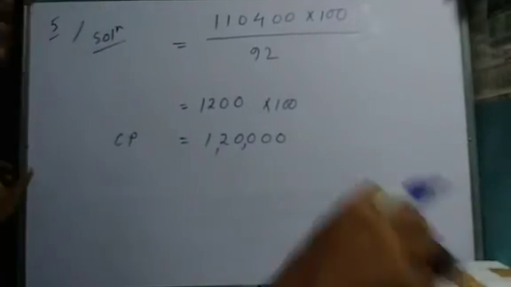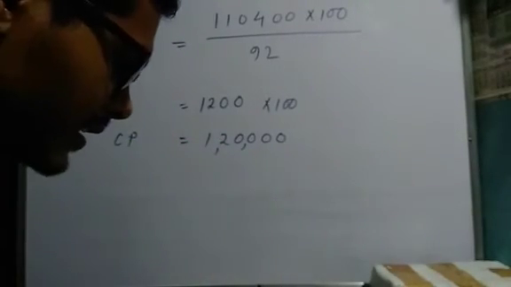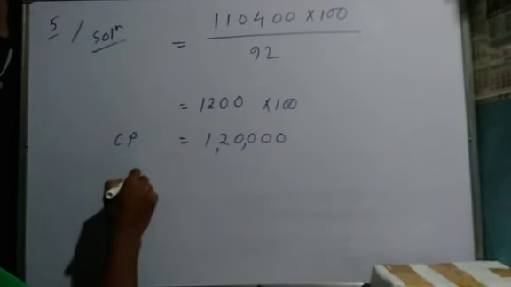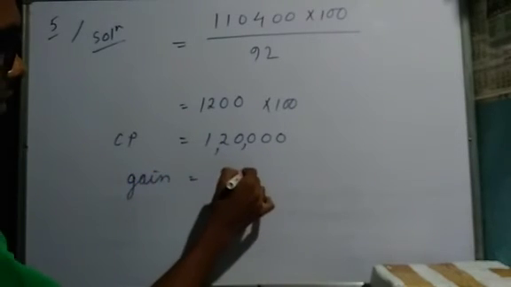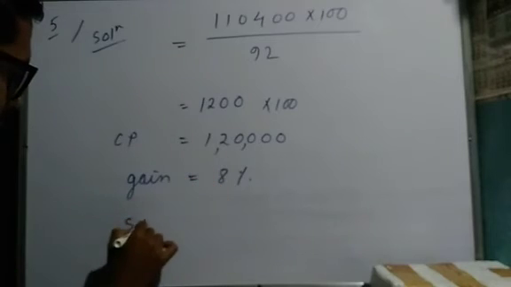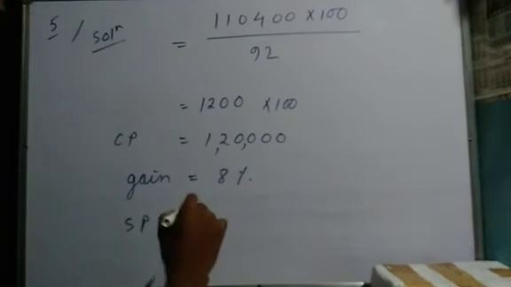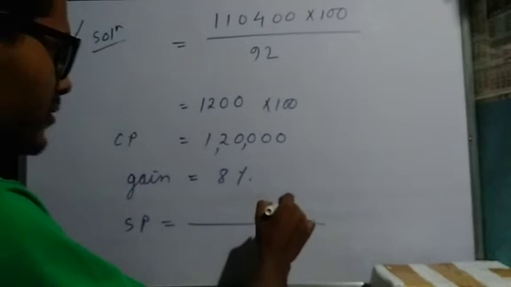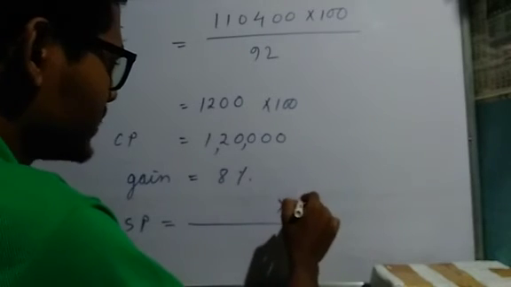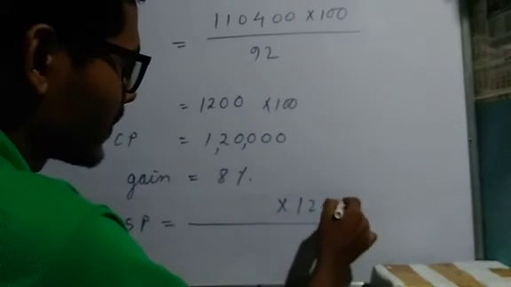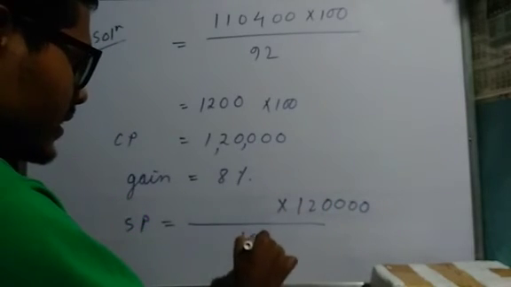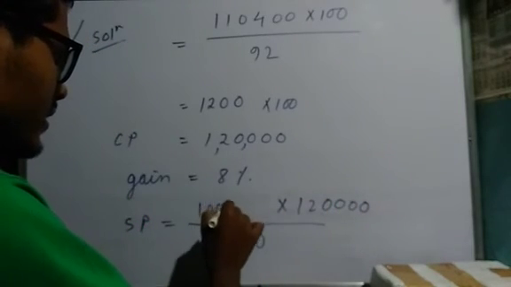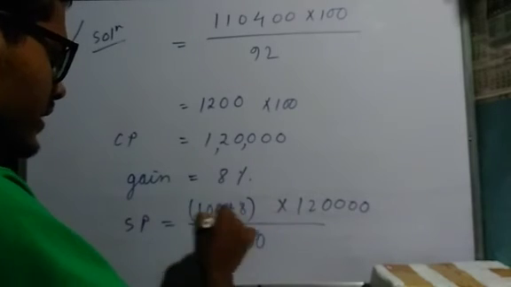Now Sagar wants to sell his car to gain 8% profit. So now he wants a profit of 8%. What will be the selling price? Now I will calculate directly. It will always be CP by 100 multiplied by 100 plus 8, the SP formula.